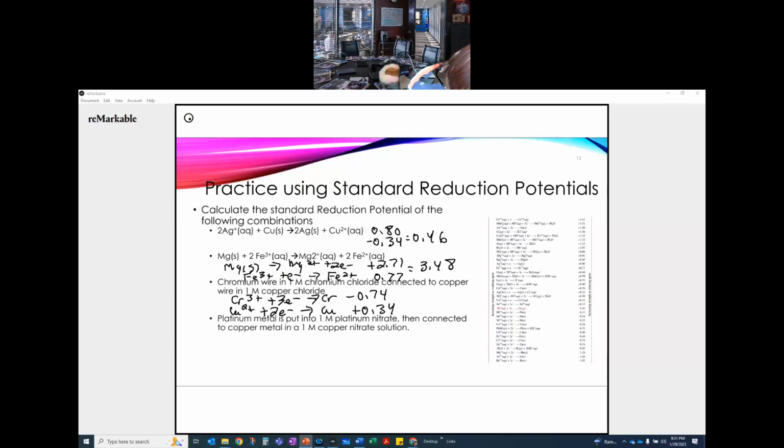So I'm guessing that we're going to be doing 0.34 minus negative 0.74. And of course, it's going to be 0.34 plus 0.74. Sounds right. It was 1.08.